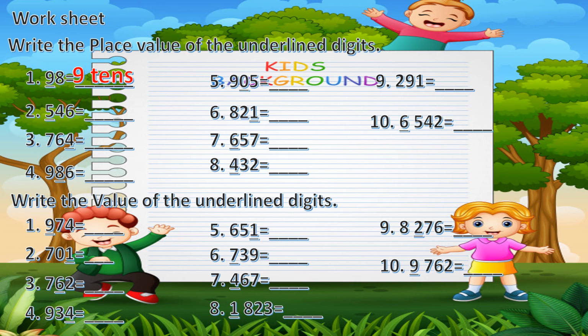What is the value or the worth of the underlined digit 9 in 974? It's 900. Okay, now children, you're going to answer the rest of the numbers.